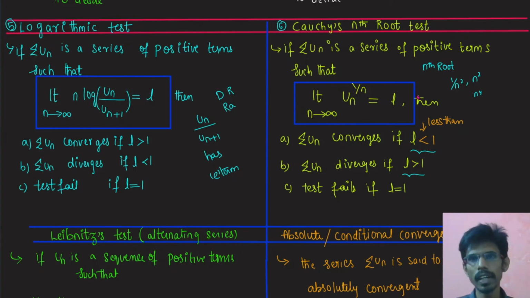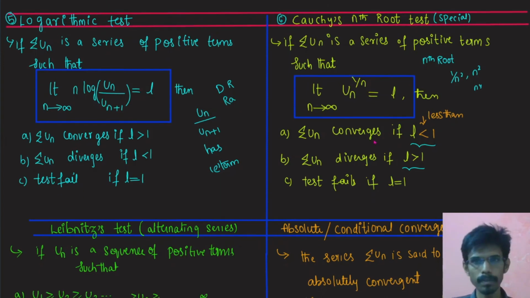This is a special test, because here L less than 1 we say converges, L greater than 1 we say diverges. So this test is only for series which contain power 1 by n, 1 by n square, 1 by n cube, like that, 1 by root n, those kind of series.